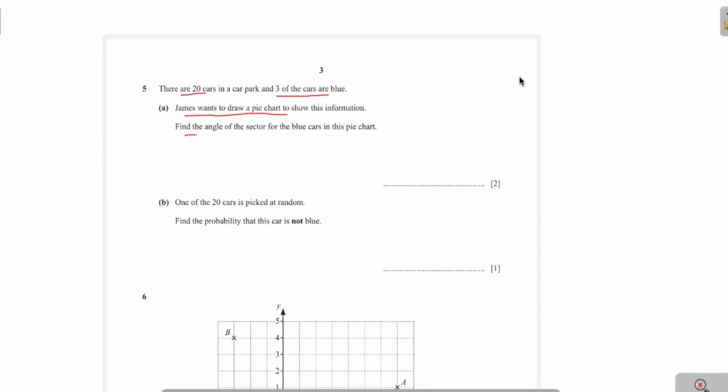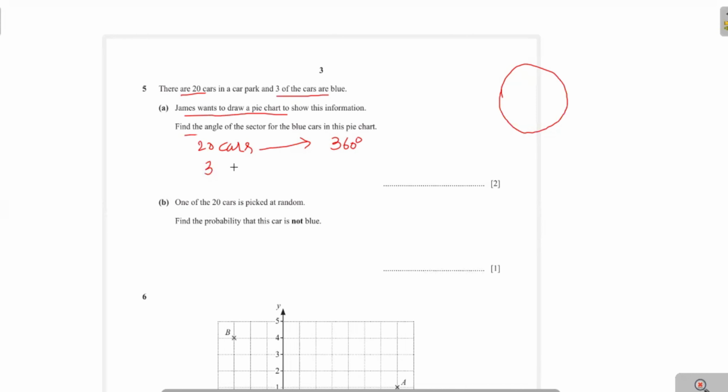Question 5, there are 20 cars. 3 are blue. James wants to draw a pie chart to show the information. Find the angle of the sector for the blue cars. In the pie chart, we show the information in sectors of a circle. For the sector of a circle, we have to calculate the angle of the sector. The total cars here are 20, and for the 20 cars, the angle will be 360 degrees.